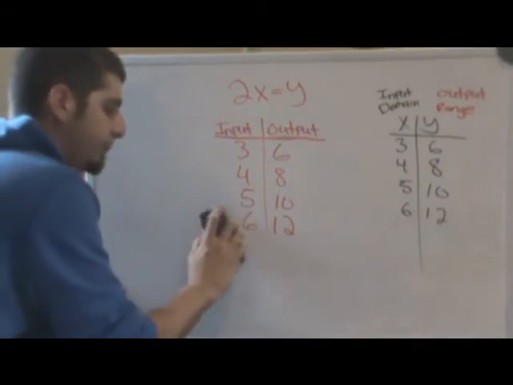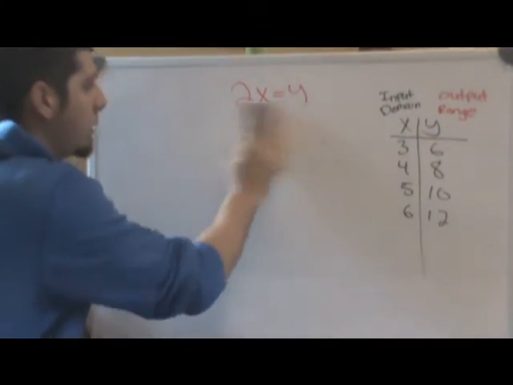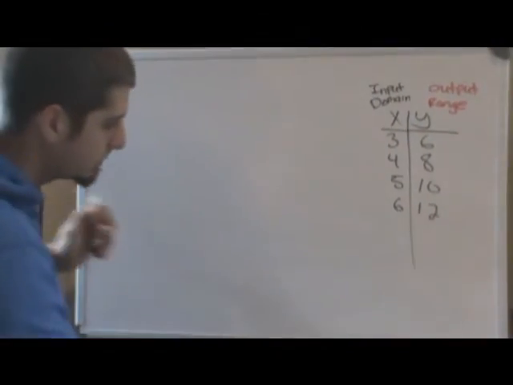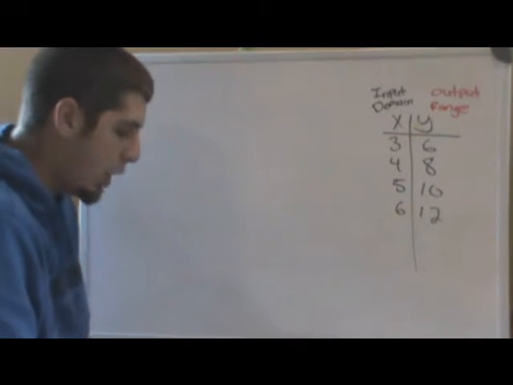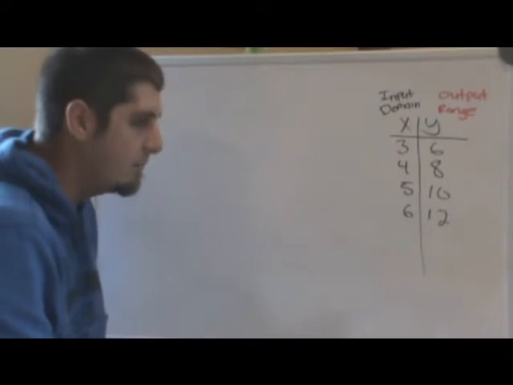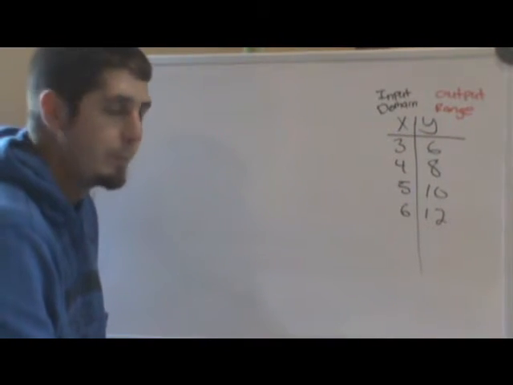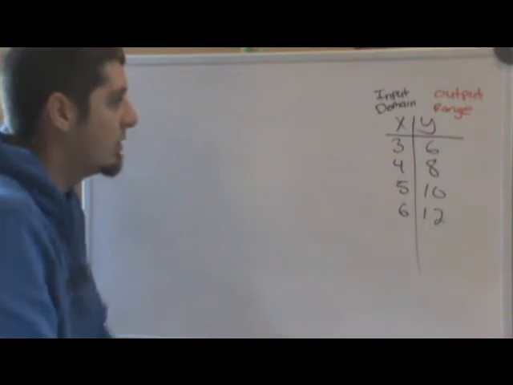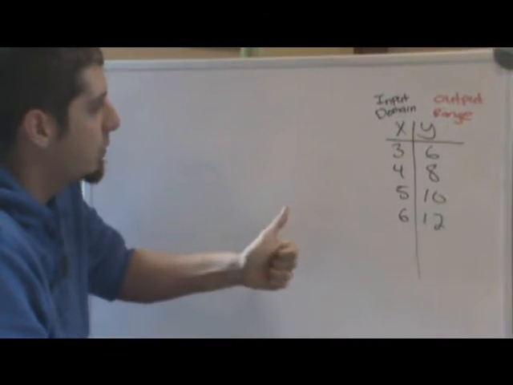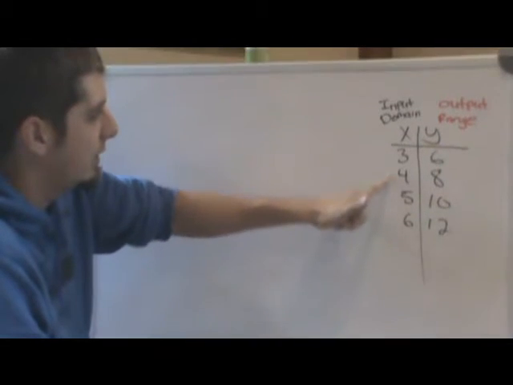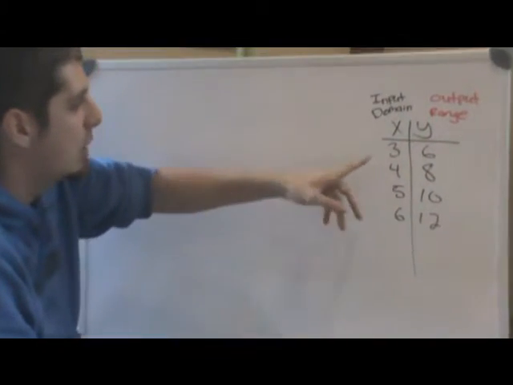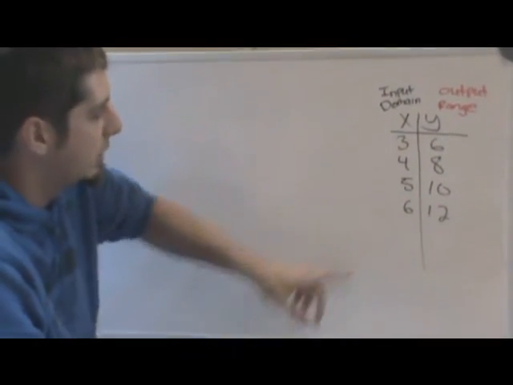Now, real quick, before I end this video, I want to go over one more thing. When I was talking about the two different ways you can identify a function based on the table only, the first way was to look to see if there's a blatant or obvious pattern or relationship between x and y.